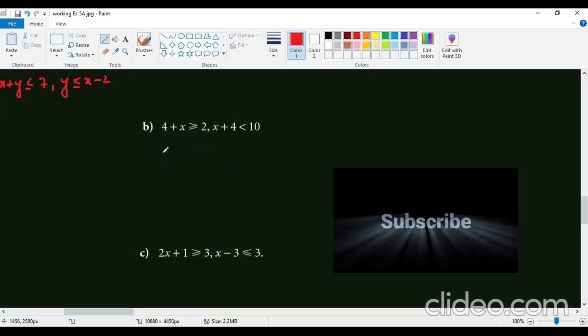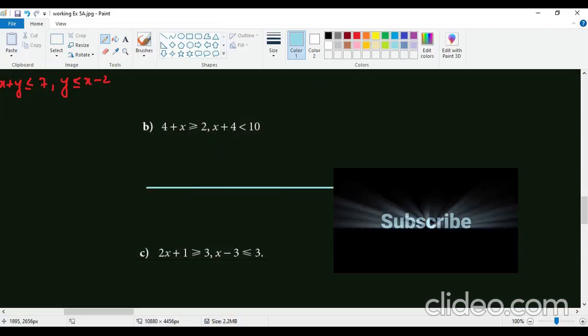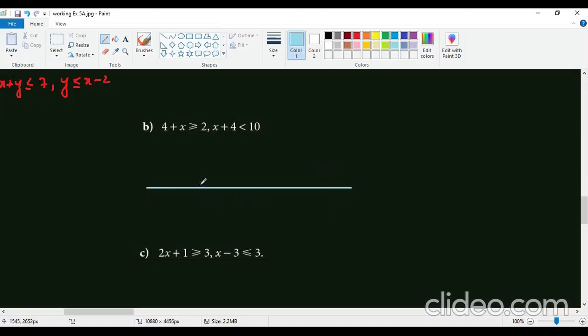Again, I am going to make a straight line, and in here I will be making minus 2, because once we solve this, there are two different parts. So x greater than or equal to 2 minus 4, that means all the values which are greater than minus 2.